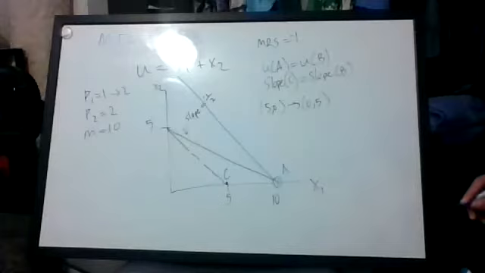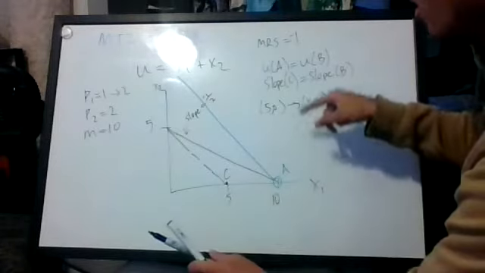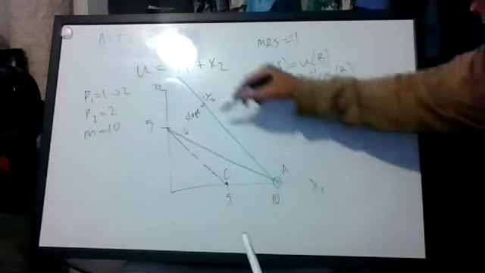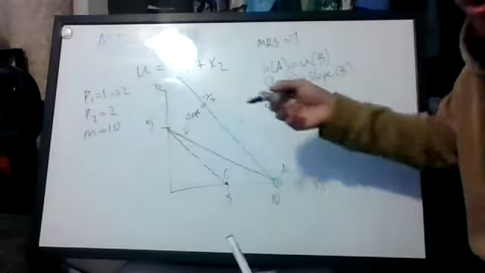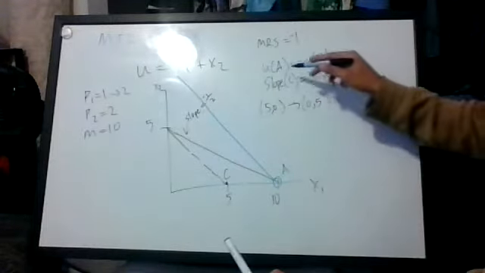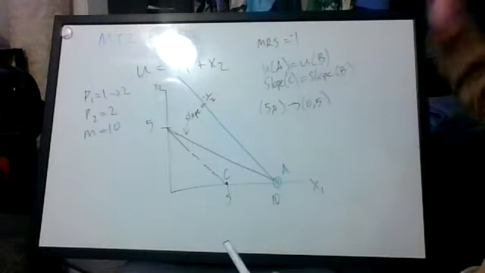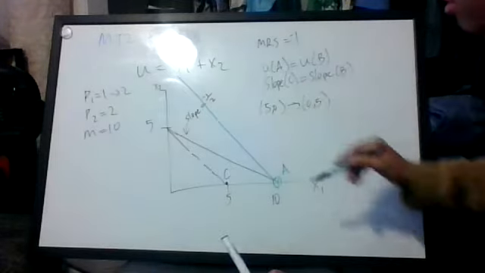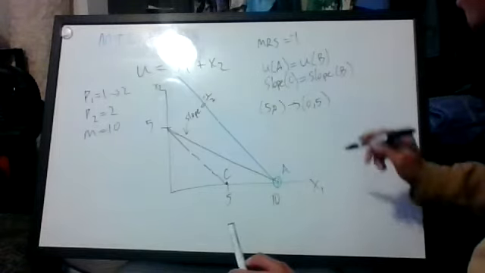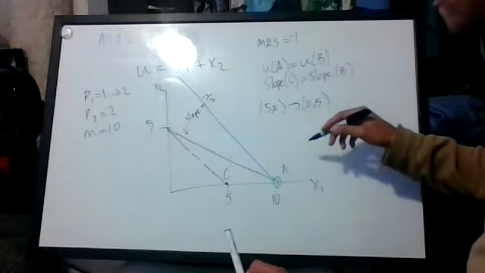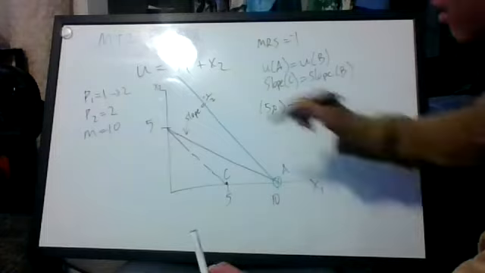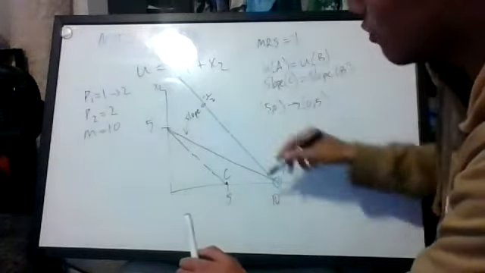That means that the slope of our point B has to be the same as our point C, which means that it has to have a slope of -1, which it already was before. And it also means that it has to be on the same indifference curve as point A. And so that tells us that our point B, and I'm not sure if I'm interpreting this correctly, but I feel like our point B could be anywhere on this curve.